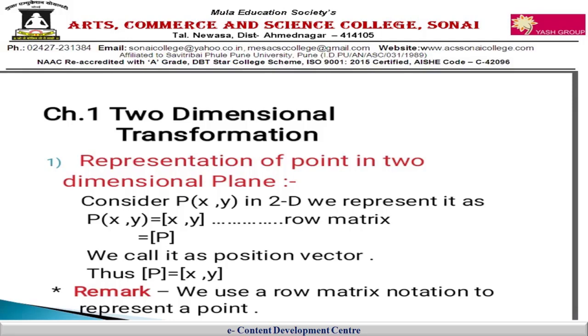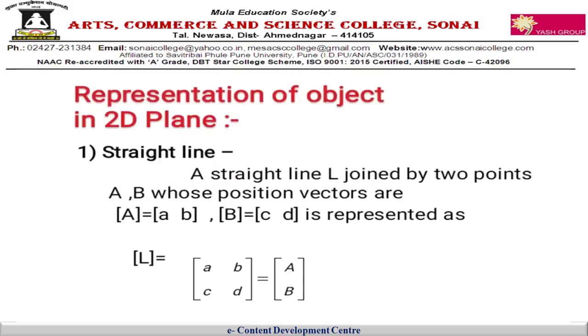Let's see the remark. We use a row notation to represent a point. Representation of objects in the 2D plane: as we represent a point in the 2D plane, in the same manner we represent objects in the two-dimensional plane. The first object is a straight line.